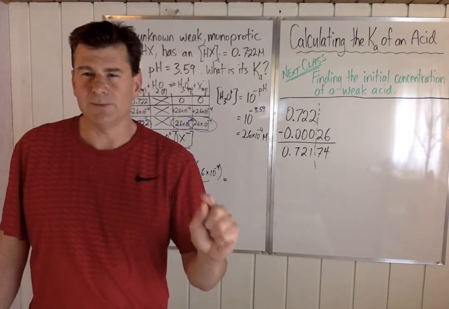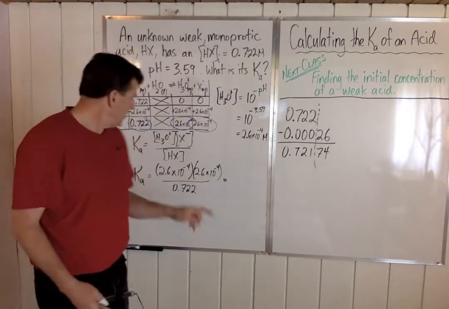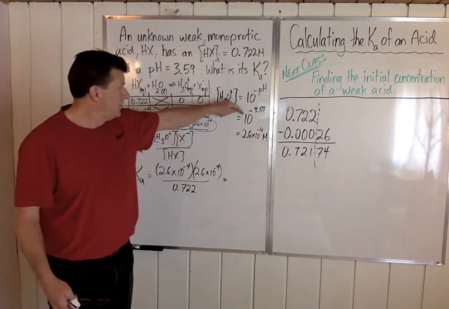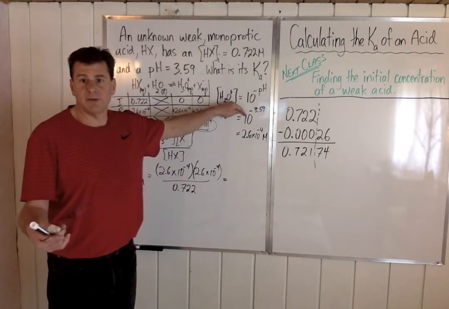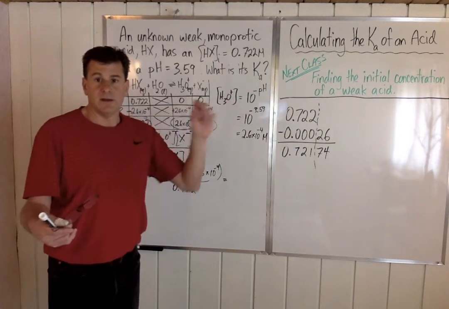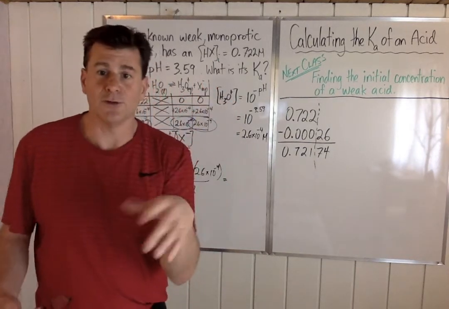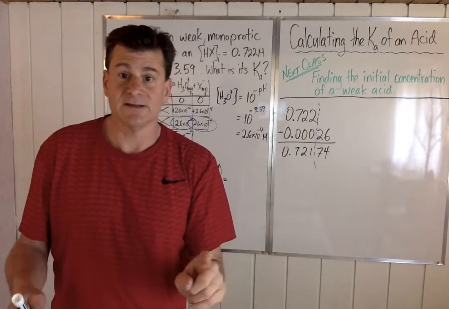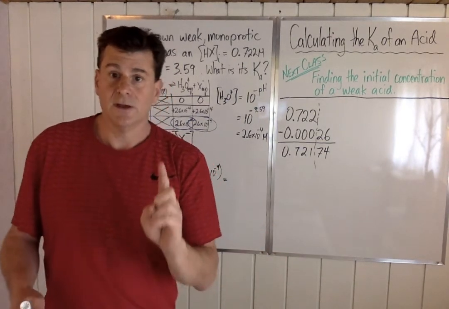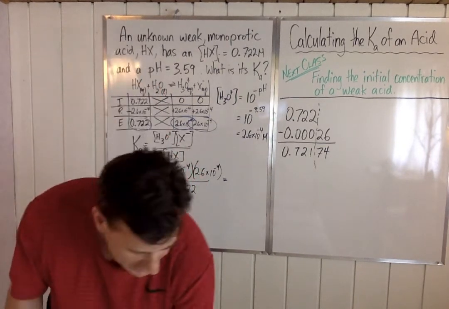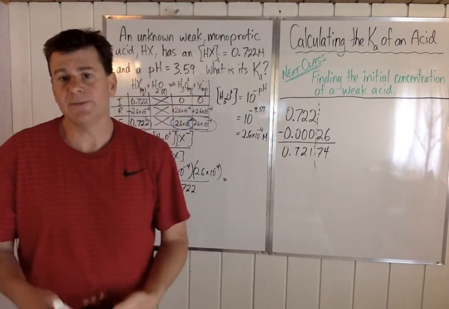Why wouldn't I just keep doing that? Because instead of putting 2.6 times 10 to the negative 4 here, I could have put 10 to the power of negative 3.59, done the math, divided by 0.722, and then rounded at the very end once, which is what you should technically do. So I'm going to go back to my calculator.